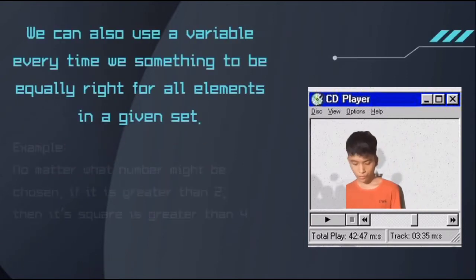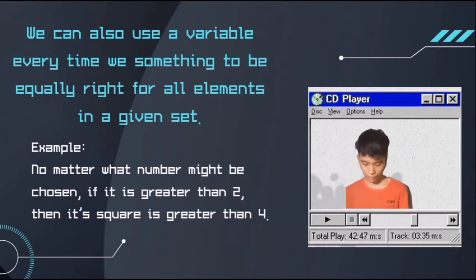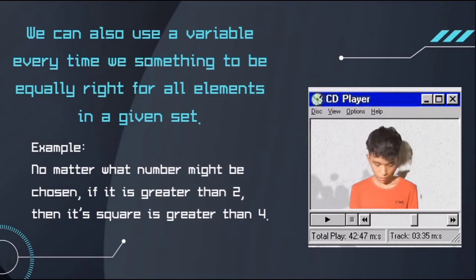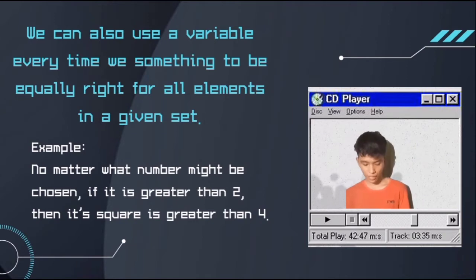We can also use a variable every time we want something to be equally right for all elements in a given set. So this is another example. No matter what number might be chosen, if it is greater than 2, then its square is greater than 4.